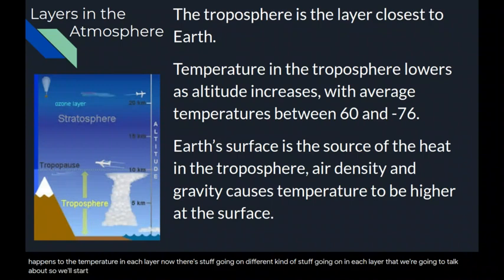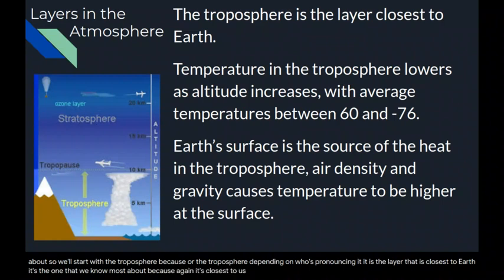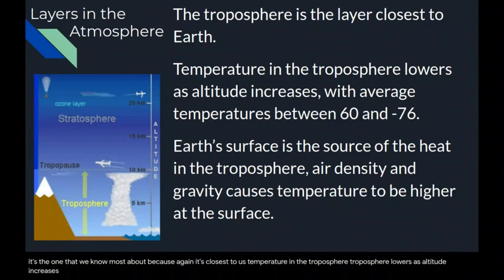So we'll start with the troposphere, or the troposphere, depending on who's pronouncing it. It is the layer that is closest to Earth. It's the one that we know most about because, again, it's closest to us. Temperature in the troposphere lowers as altitude increases.